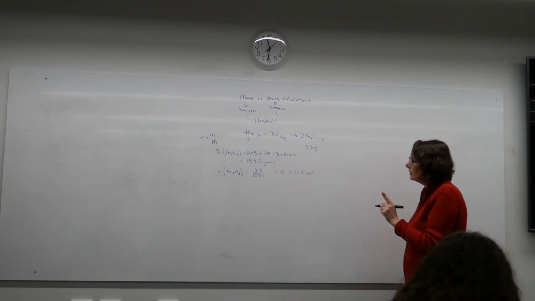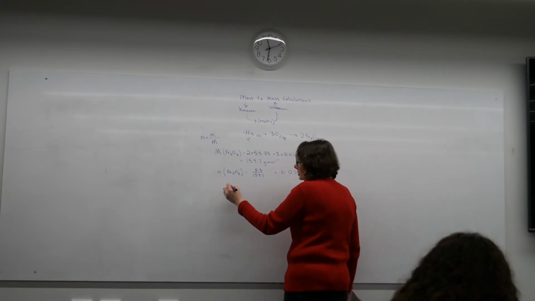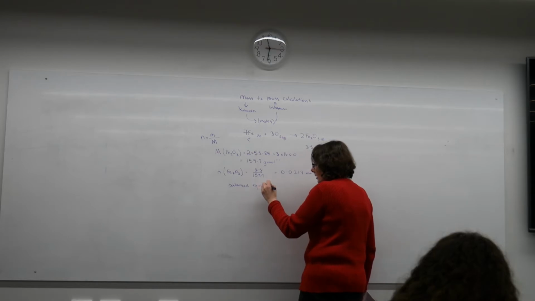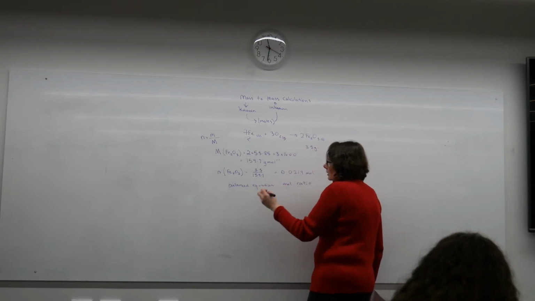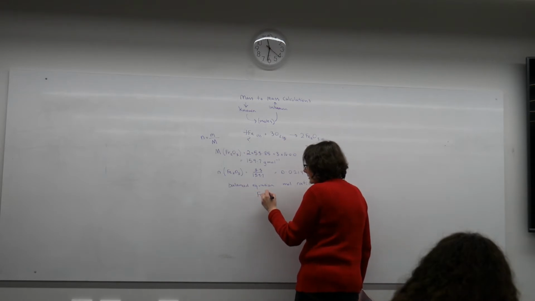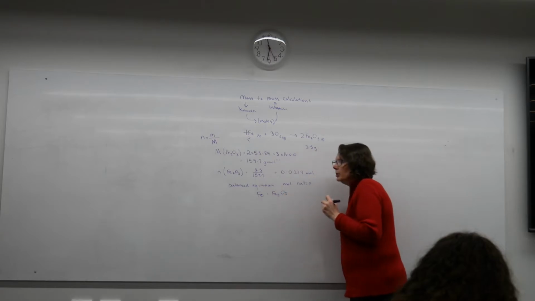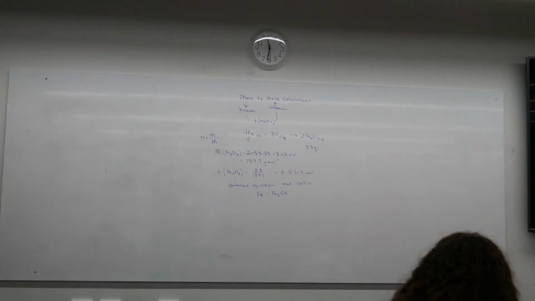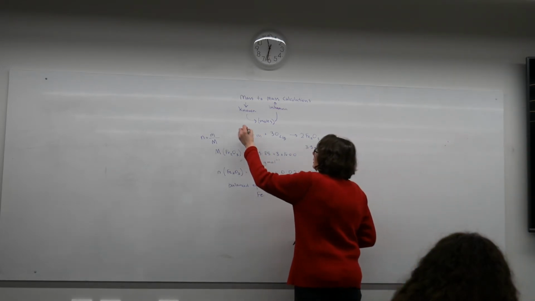So at this point, I need to go back to the balanced equation and look at the mole ratio. So the iron to iron oxide, and when I say the mole ratio, what I'm specifically interested in are the coefficients.